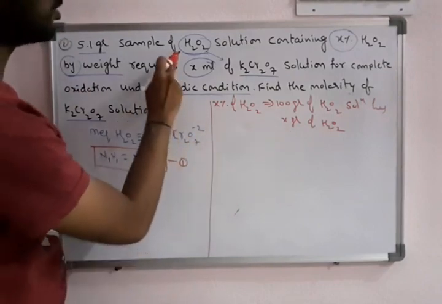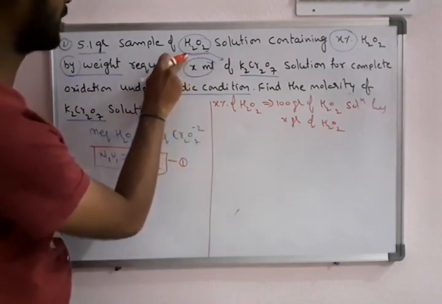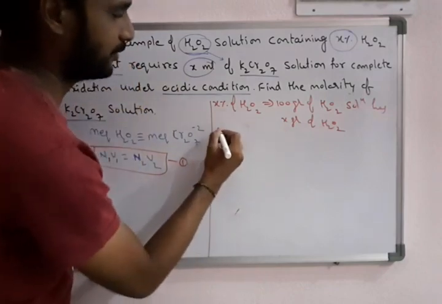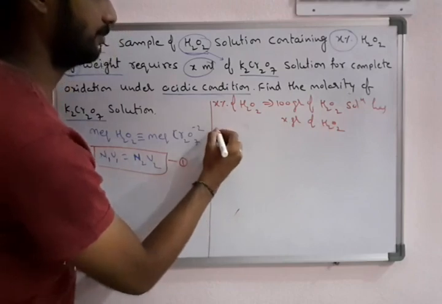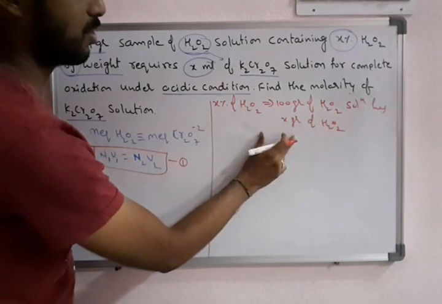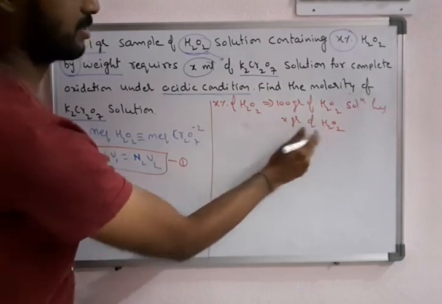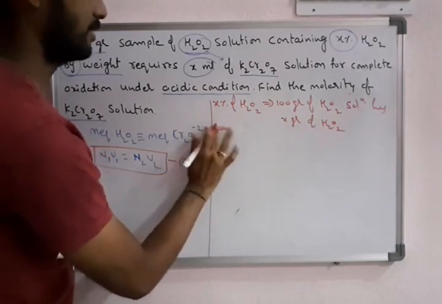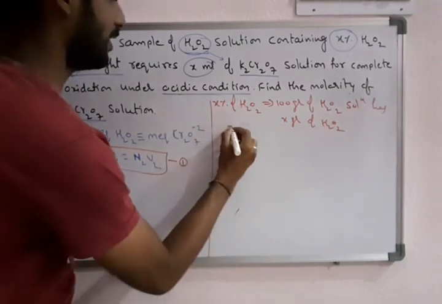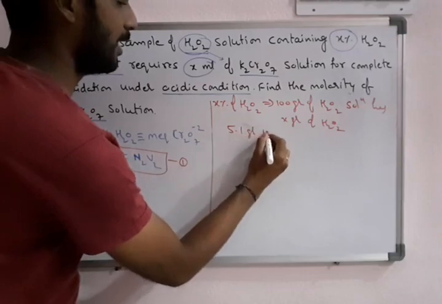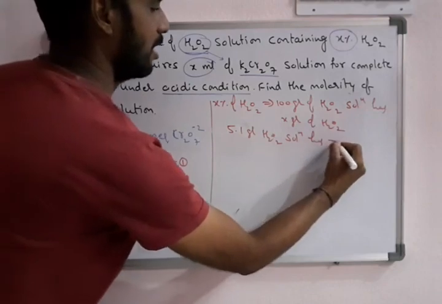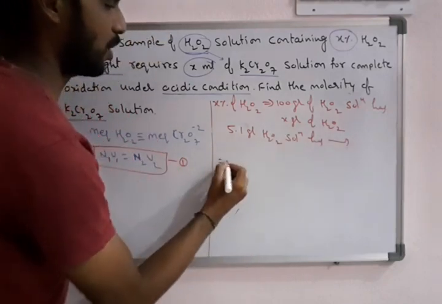So what is the amount of hydrogen peroxide in 5.1 gram of sample? The 100 grams of hydrogen peroxide solution has X gram of hydrogen peroxide. So then what about 5.1 gram? 5.1 gram H2O2 solution has how many grams of hydrogen peroxide?